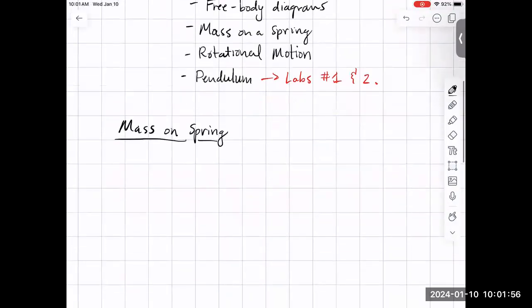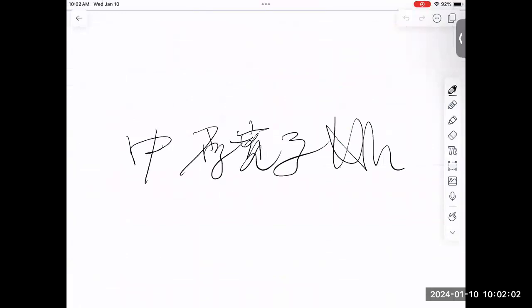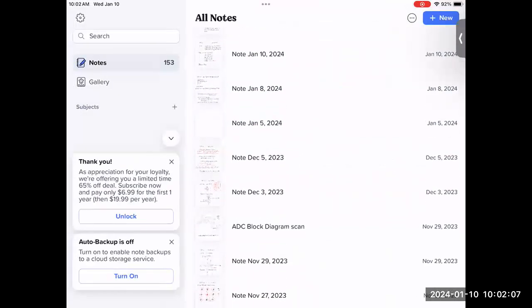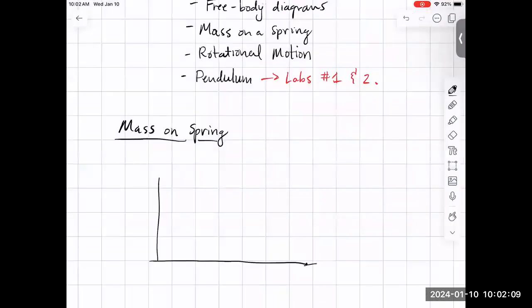Okay, so mass on a spring. What I want to imagine is we have some horizontal surface, and there's a wall over on the right.